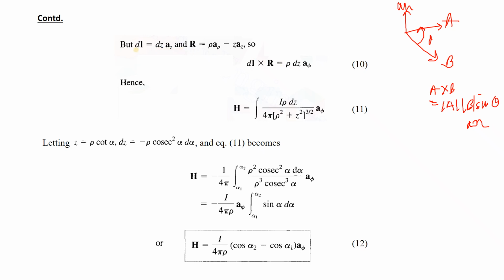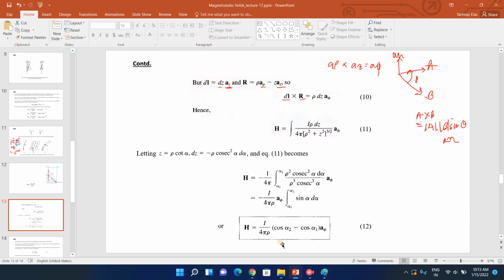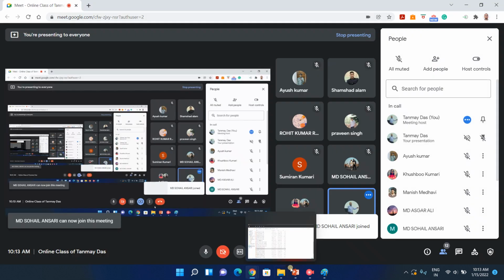So we know that if you are finding the cross product between two vectors, the solution comes in such a way that the z axis and z axis is common, but with respect to the z axis and rho axis, unit vector rho cross unit vector z gives you unit vector phi, the third axis.